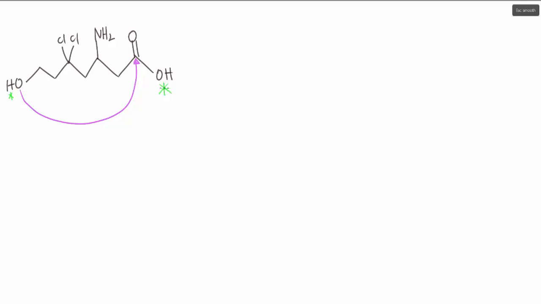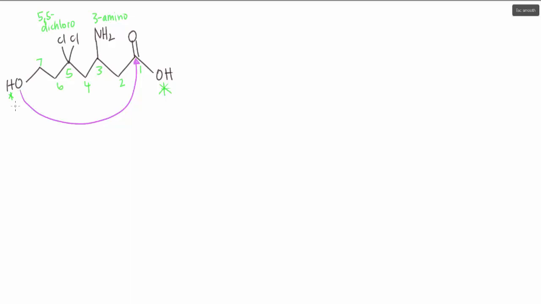Now if we were to name this carboxylic acid, we would have an amino on 3. Let's number this, 1, 2, 3, 4, 5, 6, 7. And we have a 5,5 dichloro.